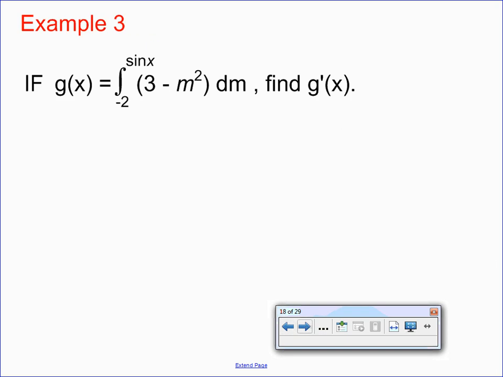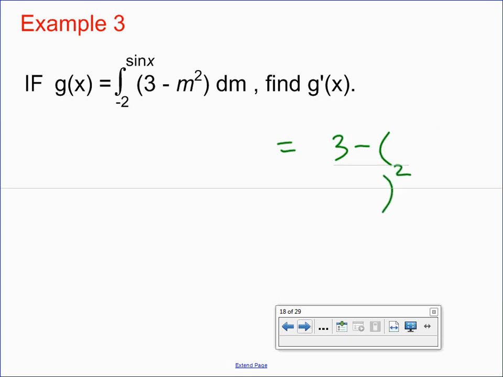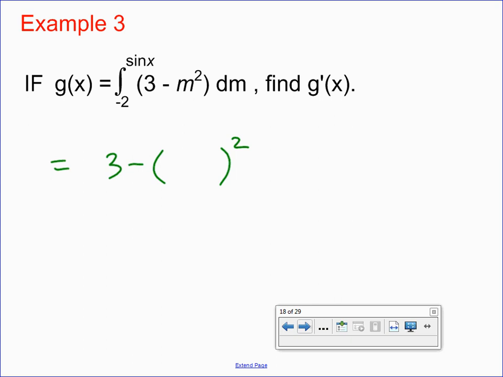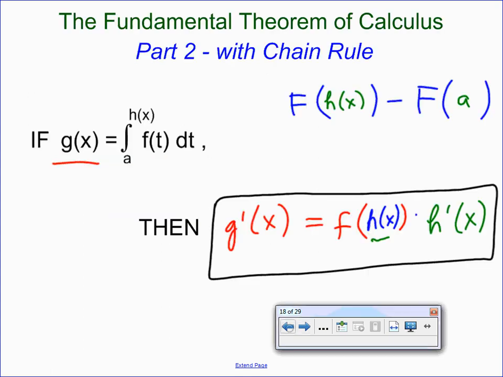Well, I'll simply rewrite my integrand function, except everywhere I see an m, I'm not going to put an m. What am I going to put? Sine of x, my upper limit. And then, because it wasn't just x, I'm going to multiply by the derivative of my upper limit.